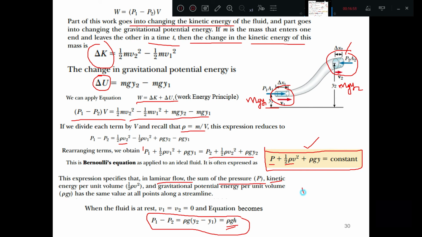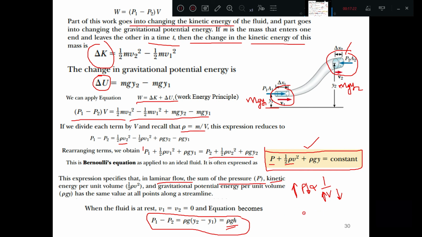What it indicates is that the pressure is inversely related to velocity. As the velocity decreases, the pressure increases. As the velocity increases, the pressure decreases. This is what we call Bernoulli's principle.